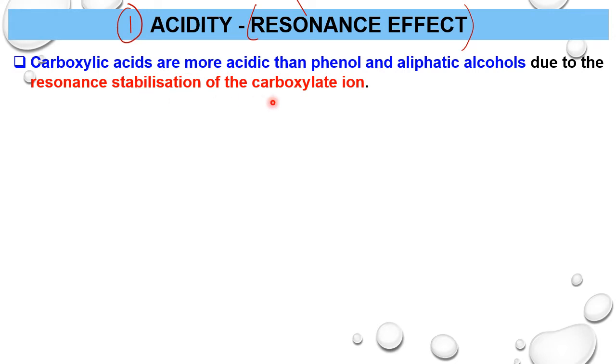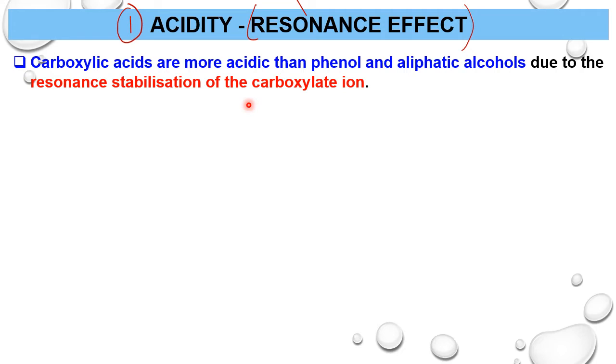Jadi nanti kalau soalan minta cerita tentang acidity, kita tengah compare between alcohol, phenol dan juga carboxylic acid, jawapan yang pertama yang awak akan tulis adalah carboxylic acid is more acidic than phenol and aliphatic alcohol due to the resonance stabilization of the carboxylate ion.